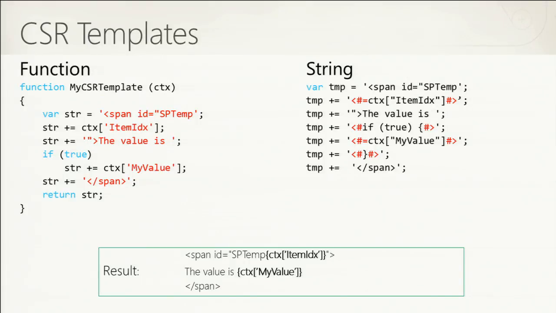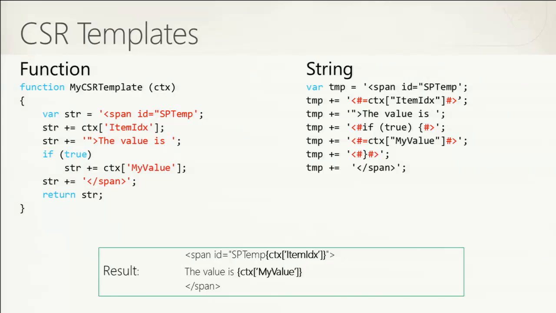On the right-hand side, you see the string-based equivalent to that function on the left. The string equivalent is more akin to what you'd see in jQuery templating or maybe PHP data binds, those sorts of things. You've got a string, and inside it you add some markup, and then we've got this angle bracket pound, and then the equal sign, and then the angle bracket pound.